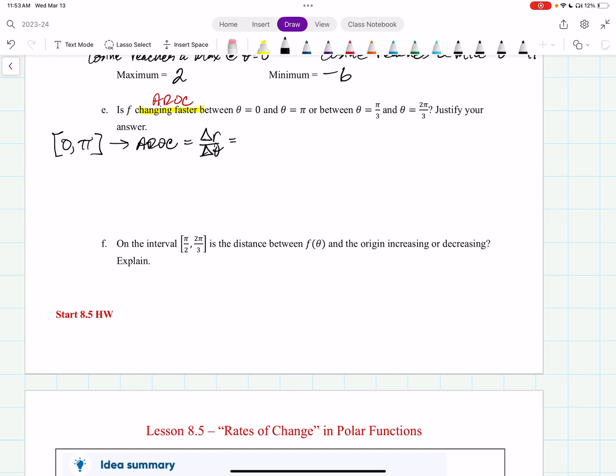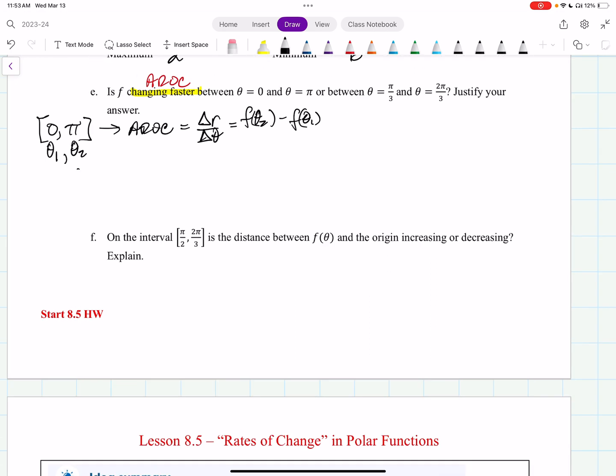To do that, we take f of theta 2 minus f of theta 1, where theta 1 and theta 2 are the left and right bounds of your interval, divided by theta 2 minus theta 1. So we take f of pi minus f of 0, divided by pi minus 0.